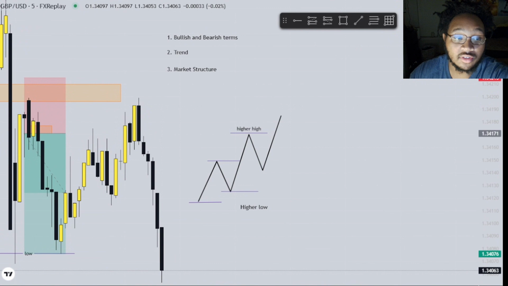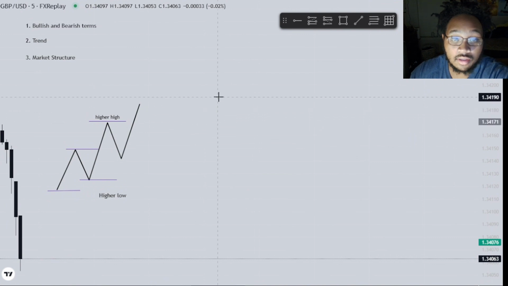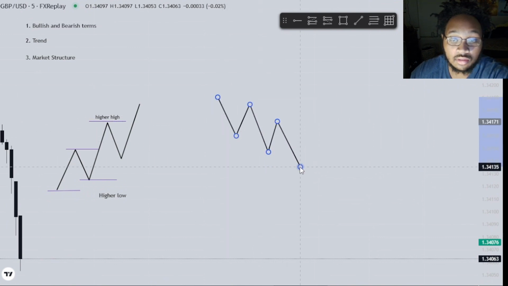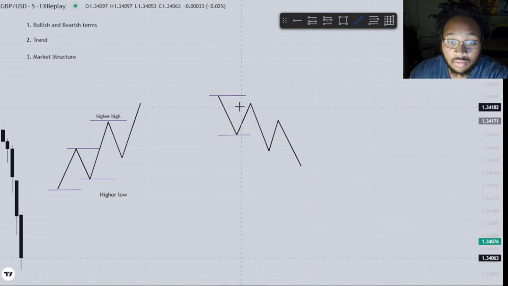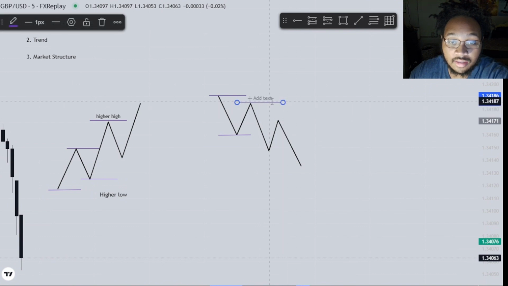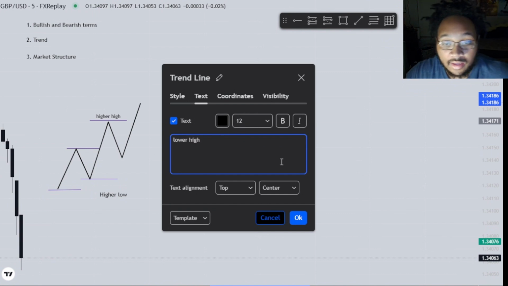Vice versa for a downtrend. Move a little bit over here. Right here we have a high, we have a low. Right here, the high is lower than the previous one, so this would be called a lower high.